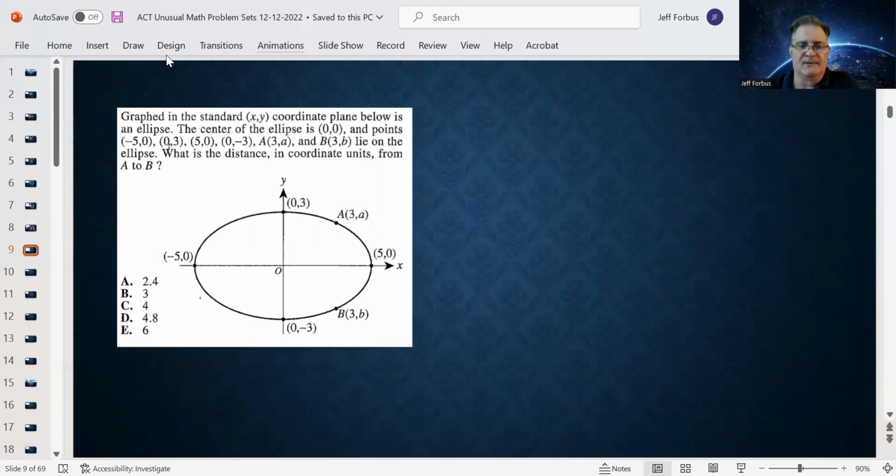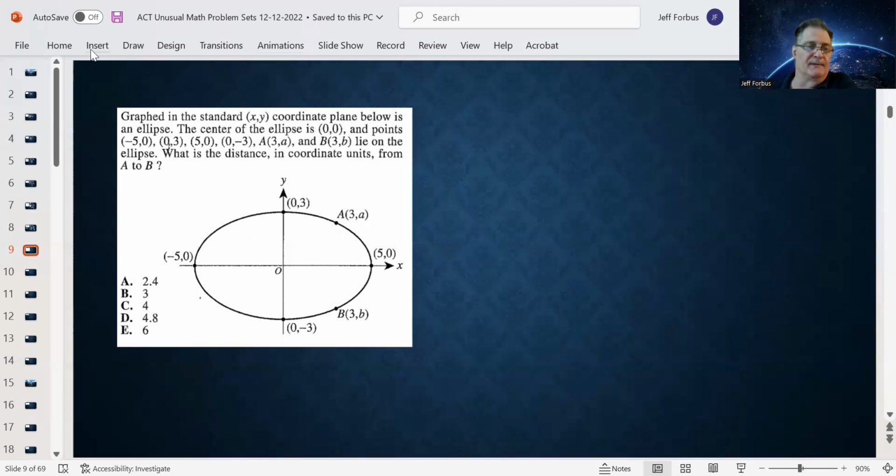The center of the ellipse is 0, 0. And points -5, 0, 0, 3, 5, 0, 0, -3. Point A, which is 3, A, and point B, 3, B, lie on the ellipse. What is the distance in coordinate units from A to B?